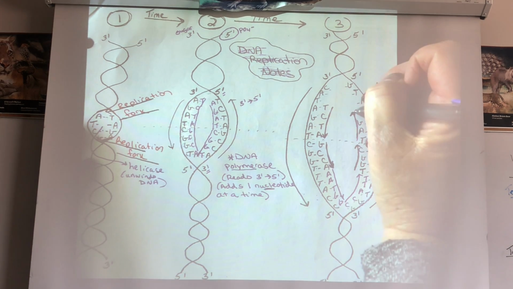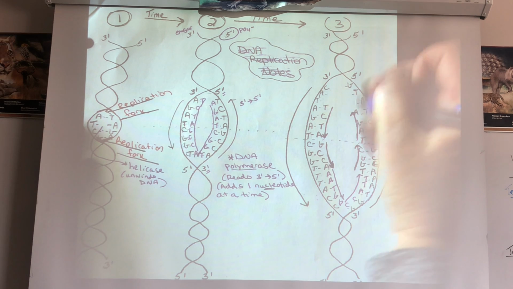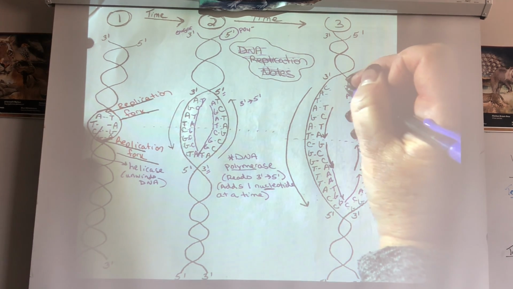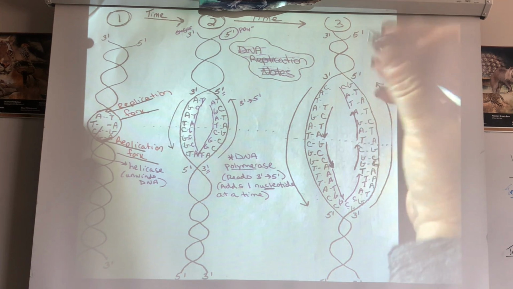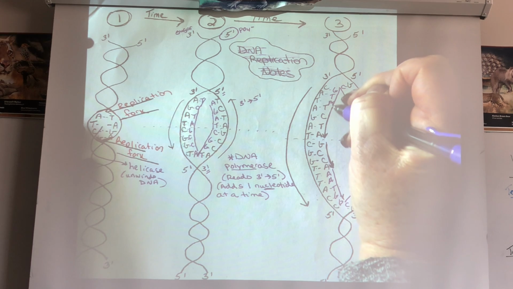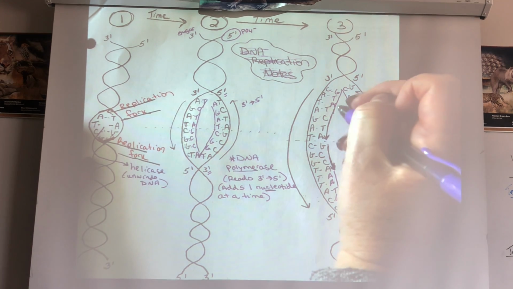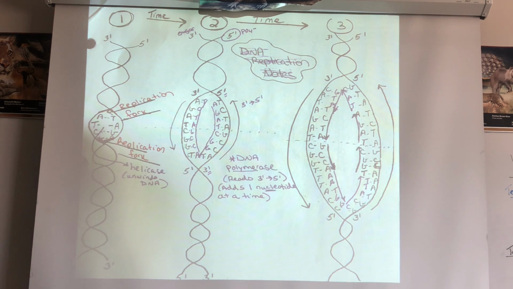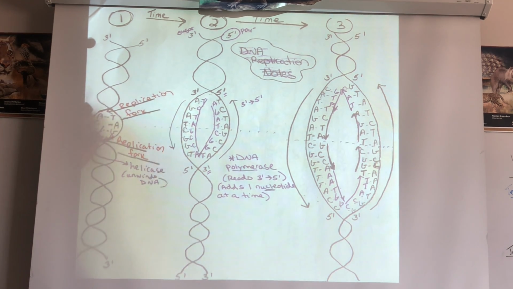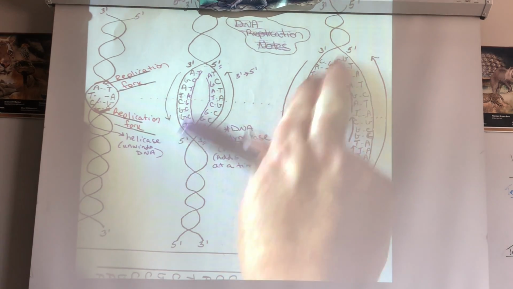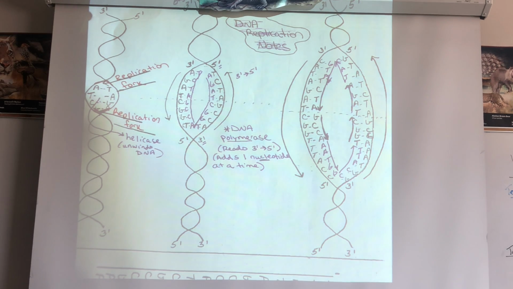Okay, and up here, it's always gonna add 3 to 5. The arrows don't really matter that much. Okay, so eventually what would happen is it would keep doing that until it reached the end of the DNA molecule, okay?